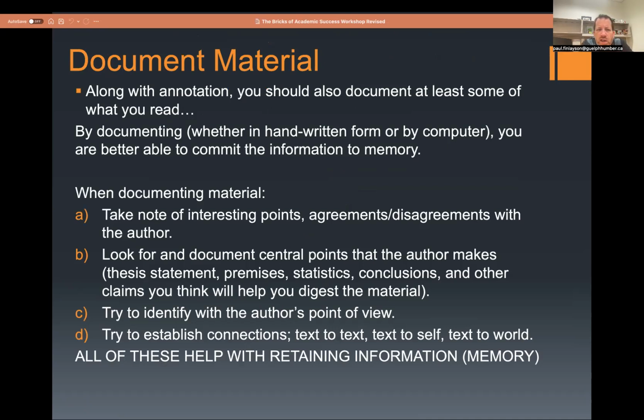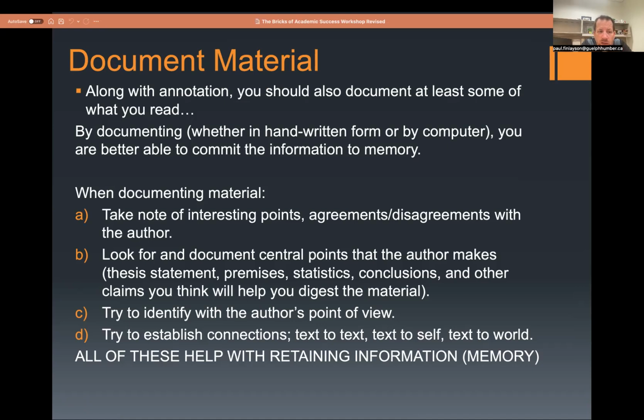So annotation is writing on the material itself. Documenting is writing, often full sentences or point form, things that are tied in with the text you're reading, comments on it, saying this is important, this is not important, what the thesis statement is. Because unless you have a perfect memory, it's going to be hard to go back and remember where everything was.